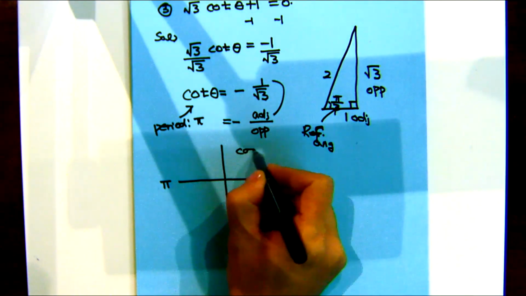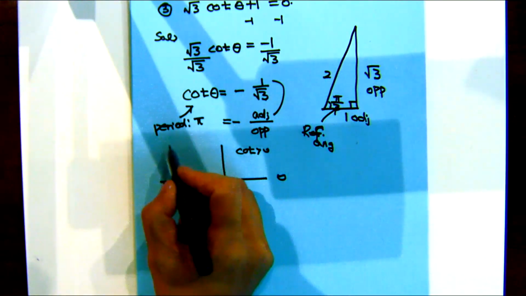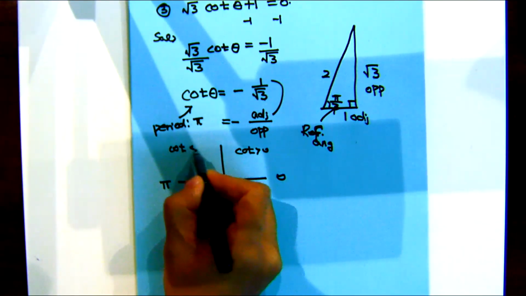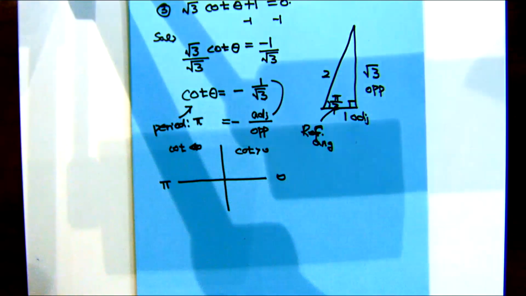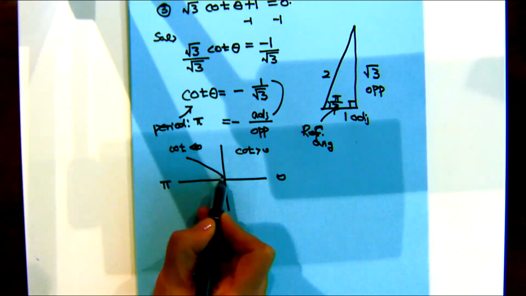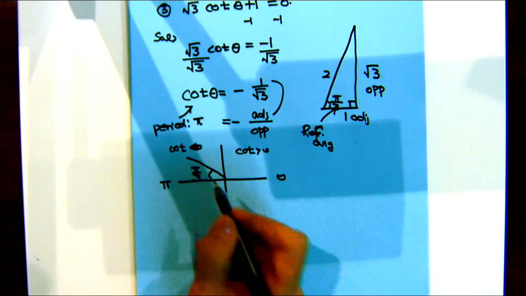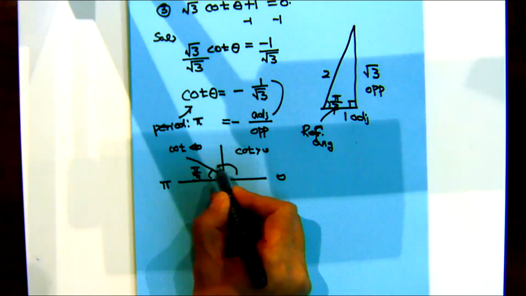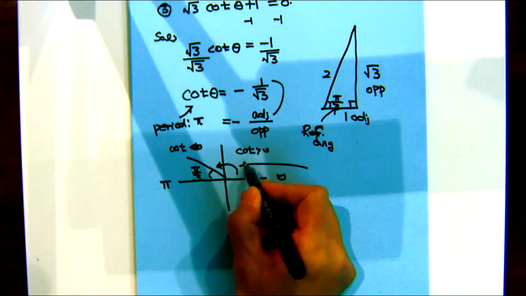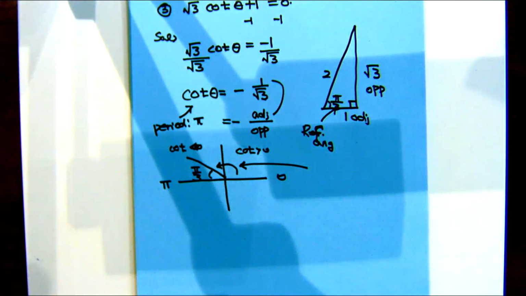Cotangent is positive in the first quadrant. In the second quadrant, x and y have different signs, so that is negative. And we already know the reference angle is pi over 3. So this angle is the unique solution between 0 and pi for this equation.